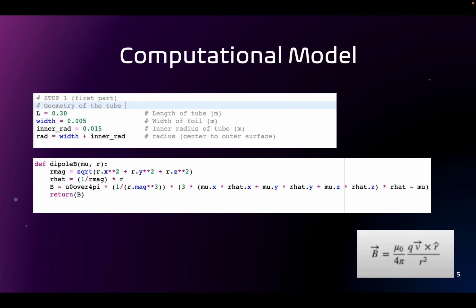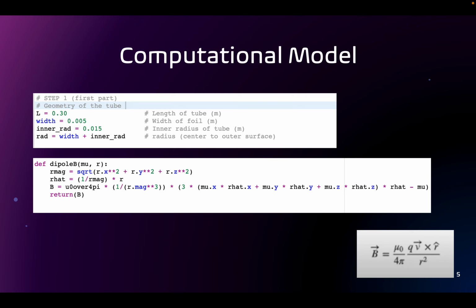With our GlowScript, this is the computational model. In step 1, we input all of the geometry of the tube, which were the givens from the measurements we calculated when we were measuring the tube: the radius, the mass of the magnet, etc. In the second step, we define the magnetic field of the dipole at any point of the tube by using the B field law, the Biot-Savart law.